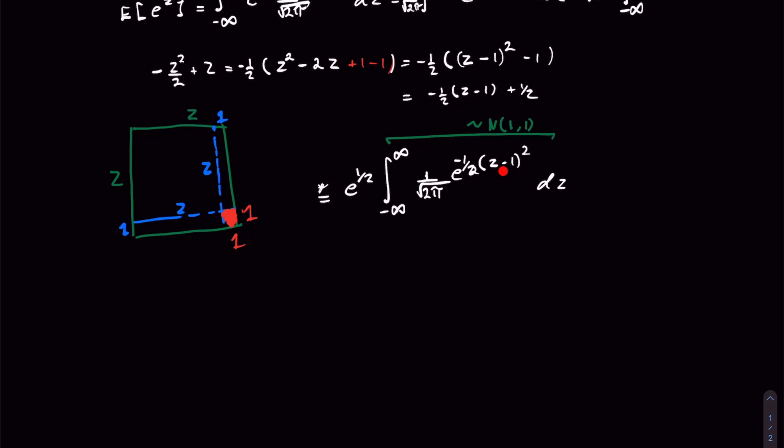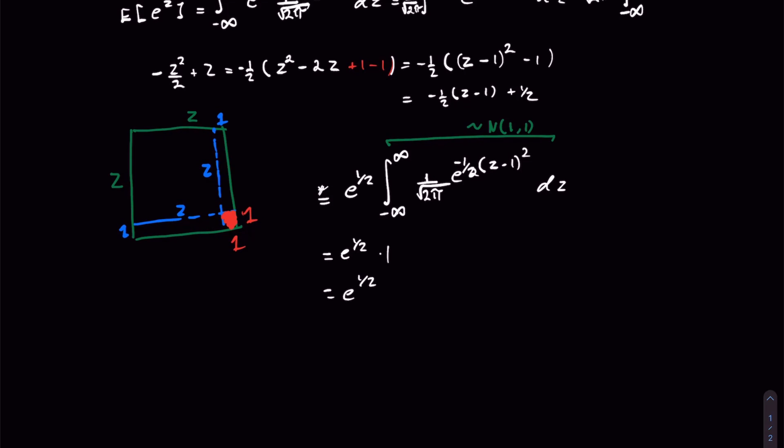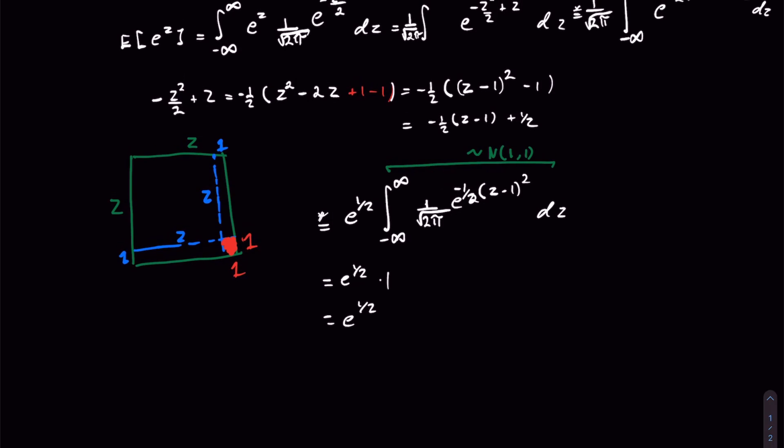The mean 1 is coming from this 1 here, right? And so with that, this whole integral integrates to 1. So we're now left with e to the 1/2 times 1, which is obviously just e to the half. And that is the value of this expectation here.